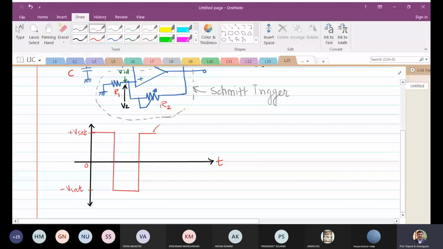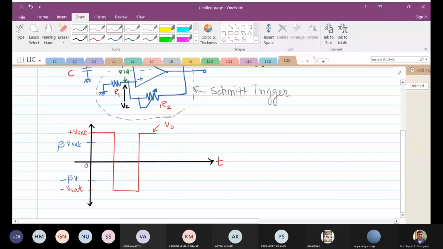Now let us mark two other voltages. I am exaggerating a little bit. This is something called the beta into Vsat level, and this is minus beta into Vsat level.